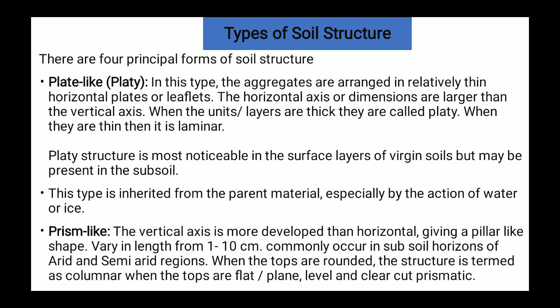Then another type of soil structure is prism-like. The vertical axis is more developed than the horizontal, giving a pillar-like shape varying in length from 1 to 10 centimeters. It commonly occurs in subsoil horizons of arid and semi-arid regions. When the tops are rounded, the structure is termed columnar.